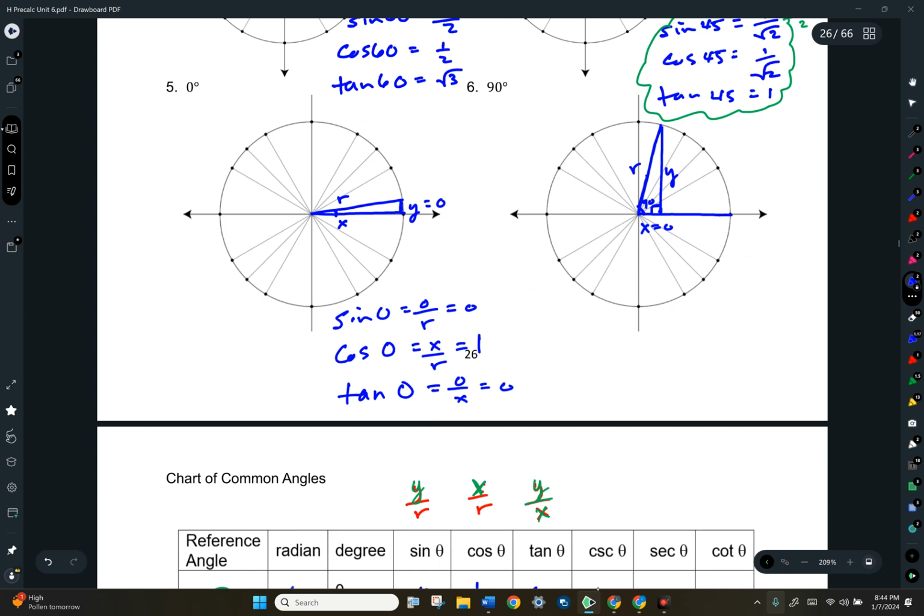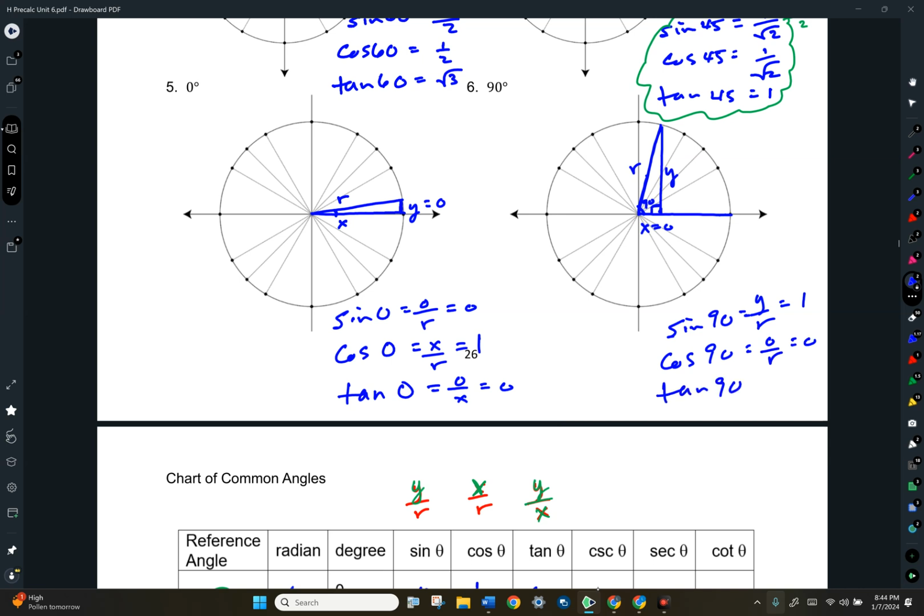So in this case, I would say the sine of 90 is y over r, but y and r are going to be the same thing. And the cosine of 90 is going to be x over r, so 0 over r. And the tangent of 90 is going to be y over x, so whatever y is, over 0, well, anything over 0 is undefined.